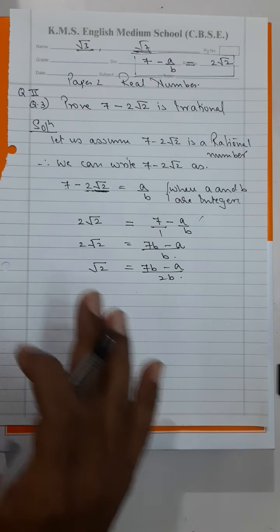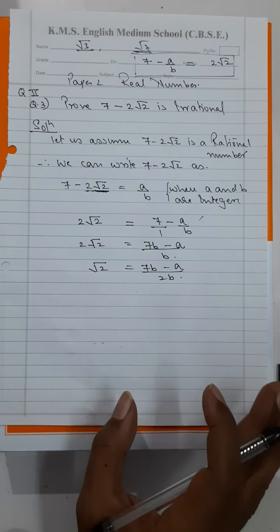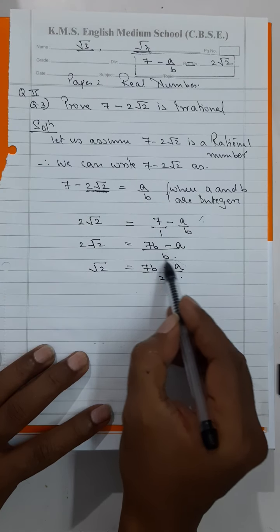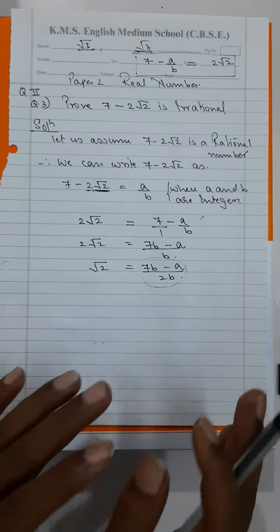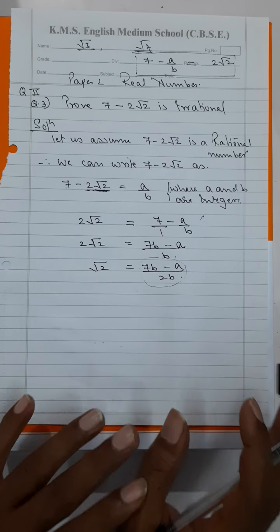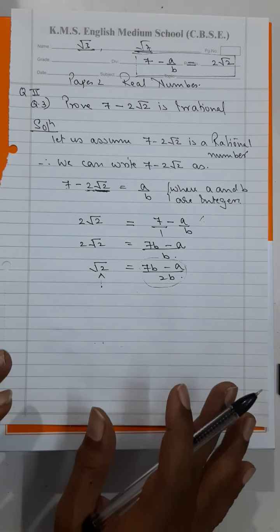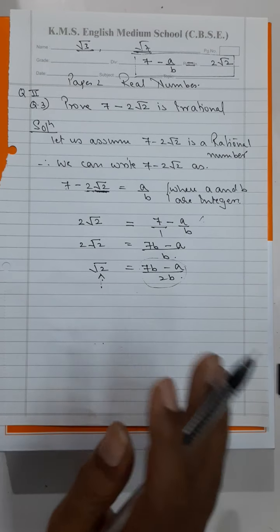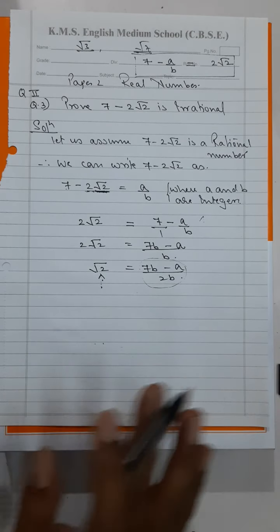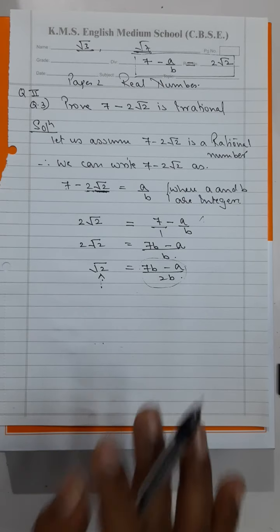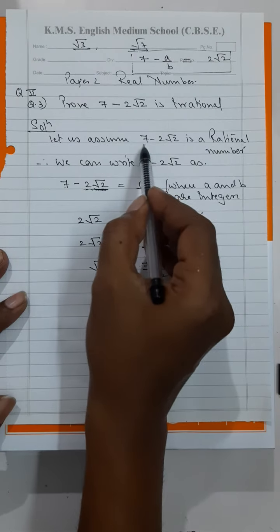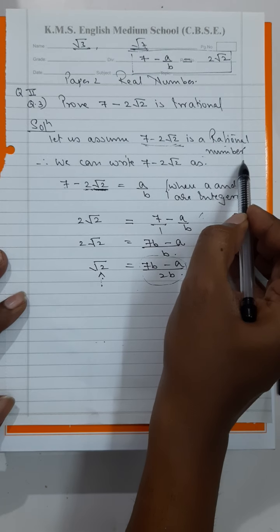Since a, b, 7 and 2 are integers, therefore 7b minus a upon 2b is a rational number. Therefore root 2 is a rational number. But we know that root 2 is an irrational number. This contradiction arises because of our wrong assumption that 7 minus 2 root 2 is a rational number.